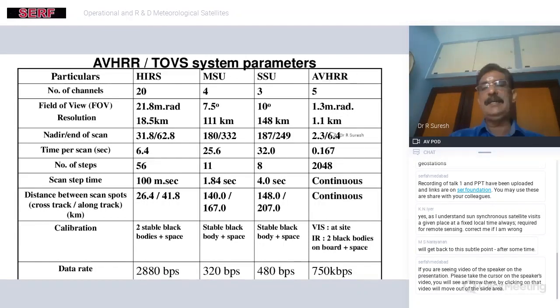This is the image channel. For sounding resolution, it starts right from 31 kilometers and ends up at 187 kilometers. That is what I said. It is far better than the existing coarse resolution radiosonde stations at the ground level.